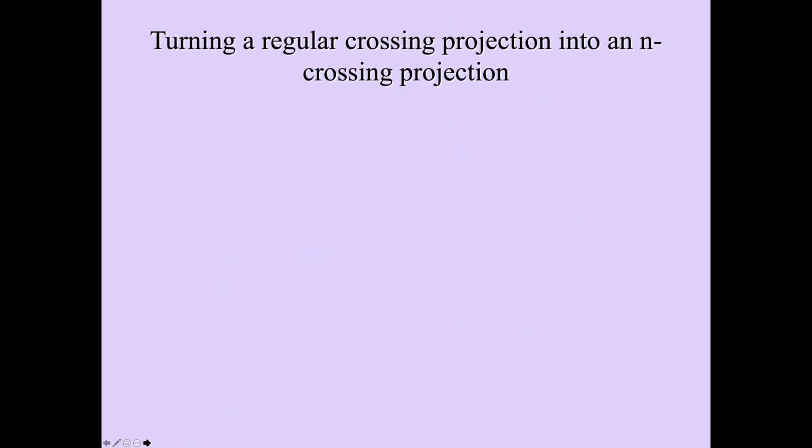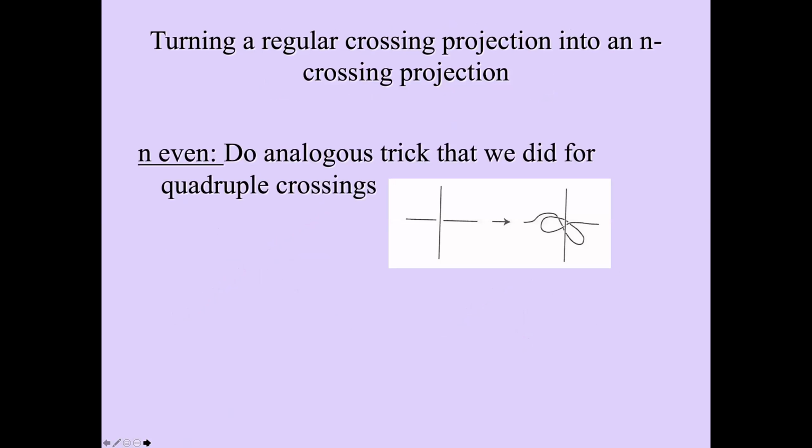What if I want to turn a regular projection into an n crossing projection? Well, if n is even, I'm going to do the analogous trick that we did for quadruple crossings. Namely, I'll just go back and forth a few more times, and that makes it easy to see that you always have an even crossing diagram.